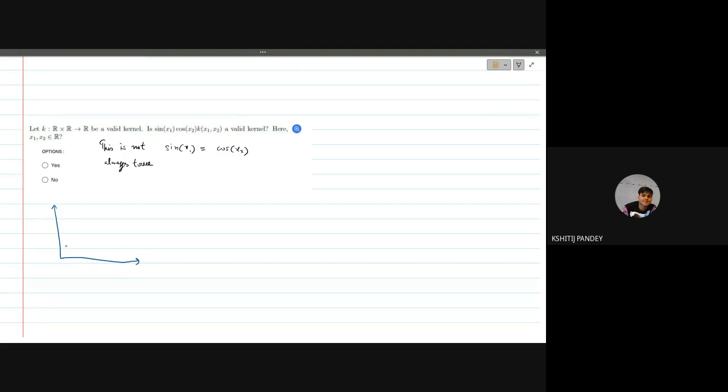Sine is like this, and this is a slice of the graph, and cos starts from here, like this. If you take this slice, correct?